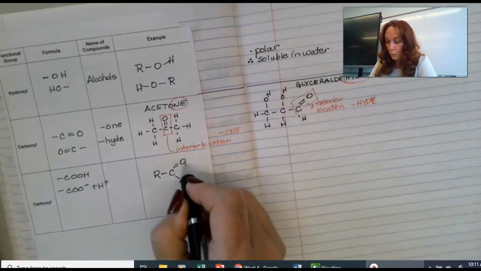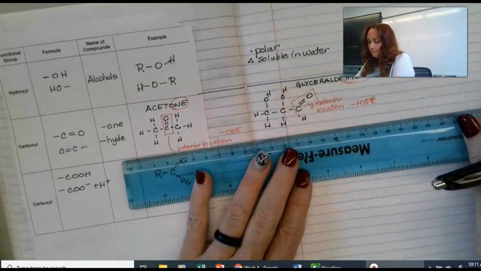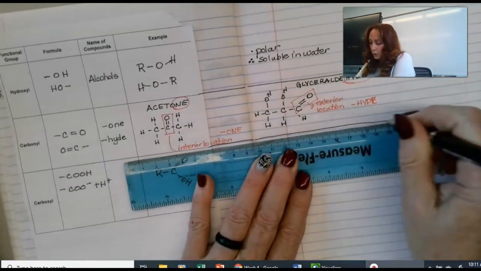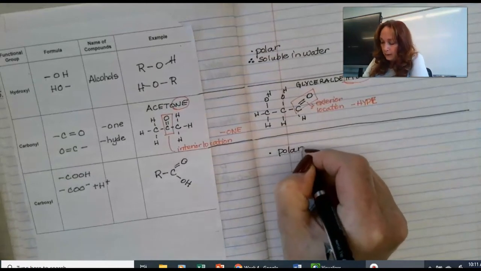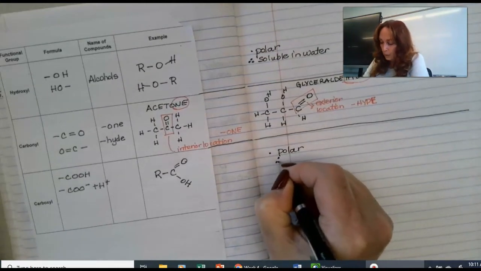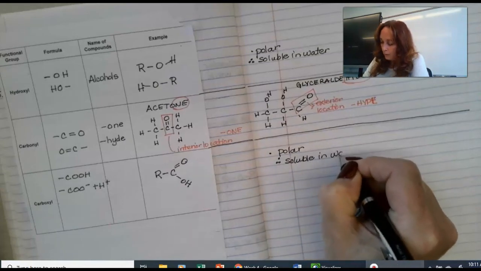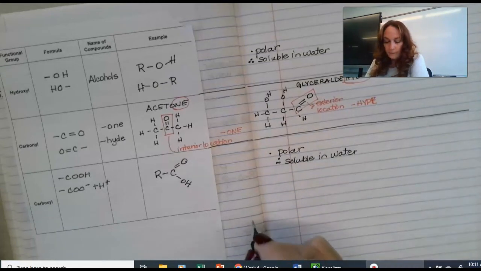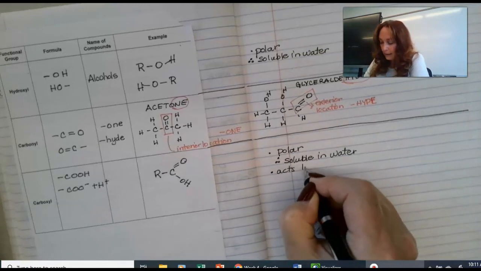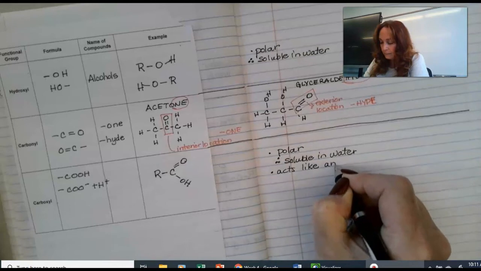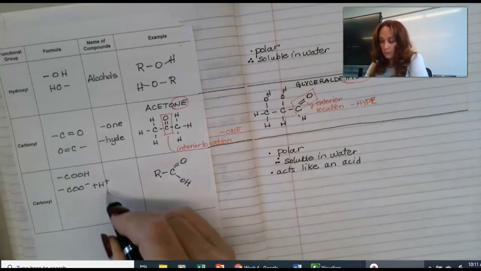And what you're going to get is the molecule that it's attached to now has the properties of being polar. So therefore soluble in water. And like I said, it acts like an acid because it can donate a hydrogen, a proton.